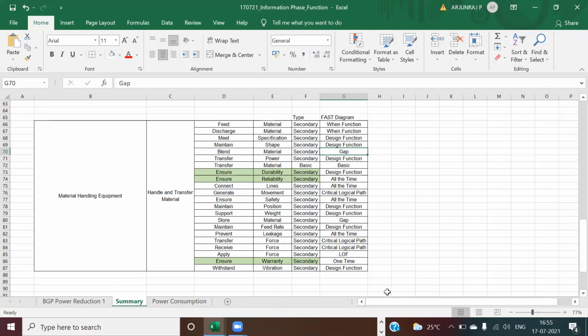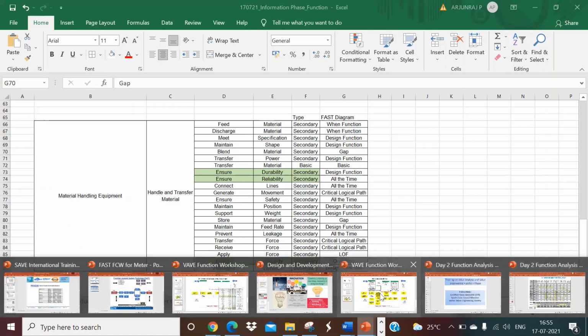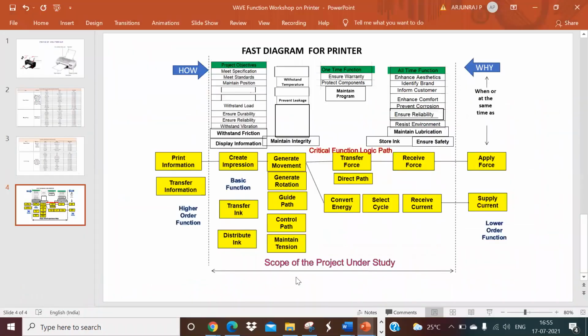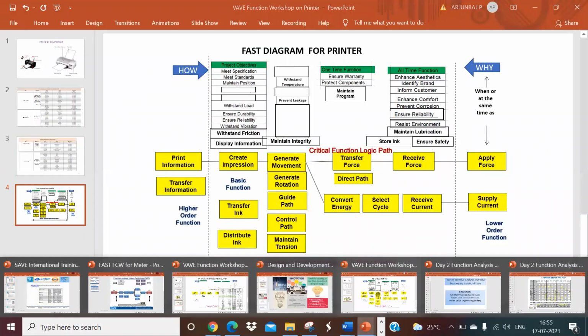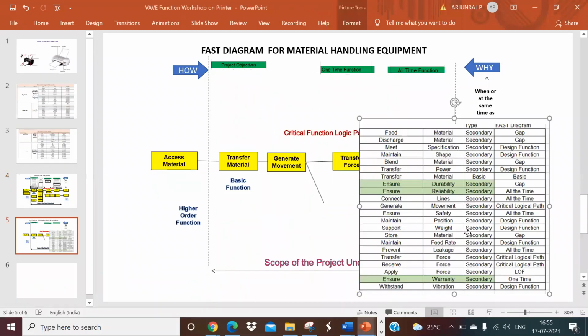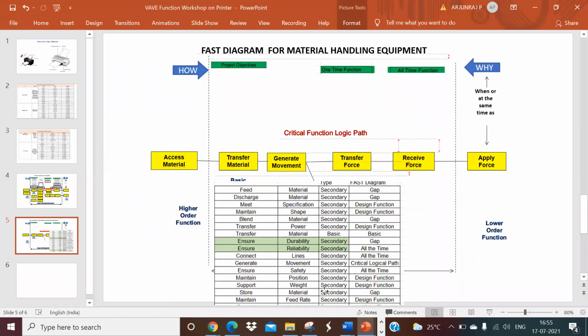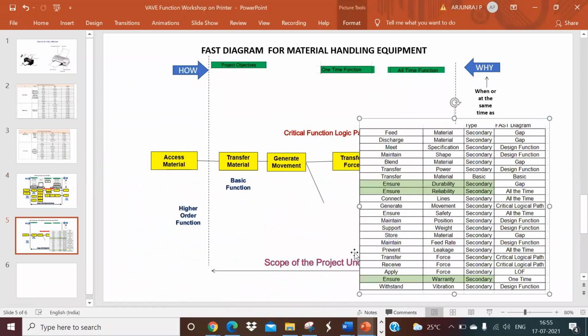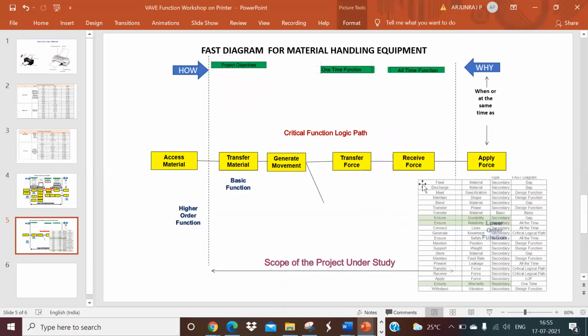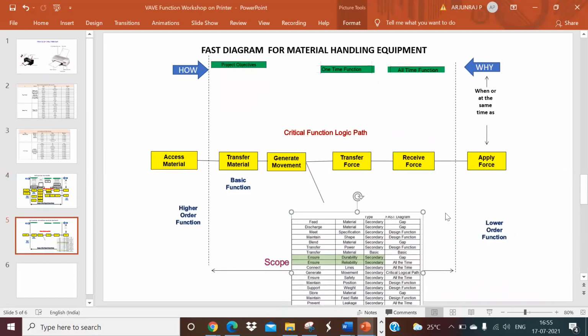Even you can do it this way. You can have one more diagram like this, created parallelly. Here you can feed the material first, and then blend the material.